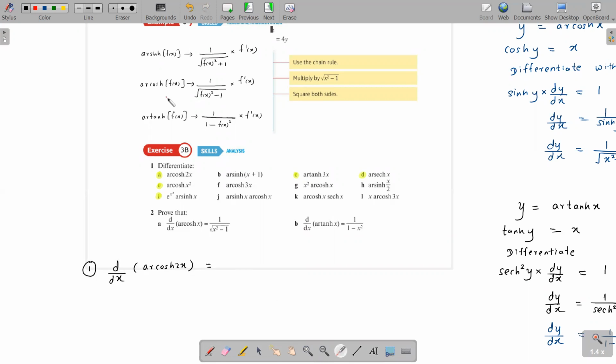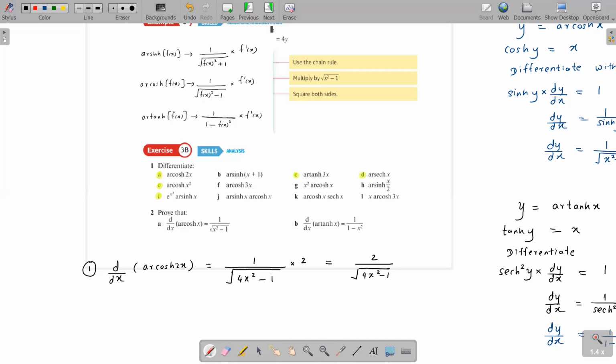Differentiation of arc cosh 2x is 1 over root f(x) square minus 1. f(x) is 2x, so we get 2x square, which is 4x square minus 1, into the f dash x, which is the 2x differentiation. 2x differentiation is 2. Basically, it's 2 over root 4x square minus 1.